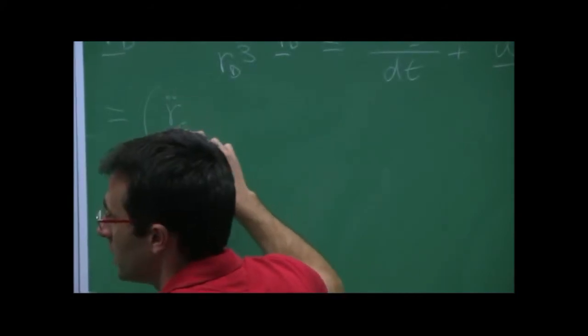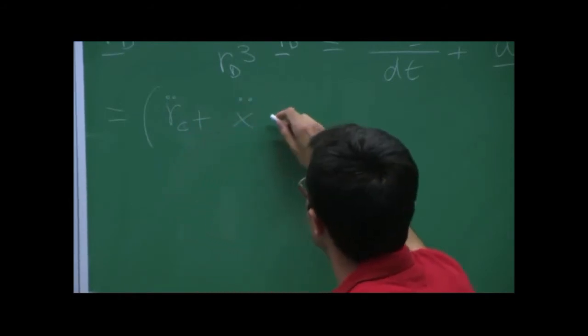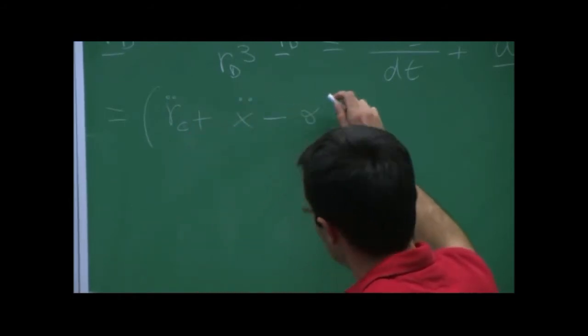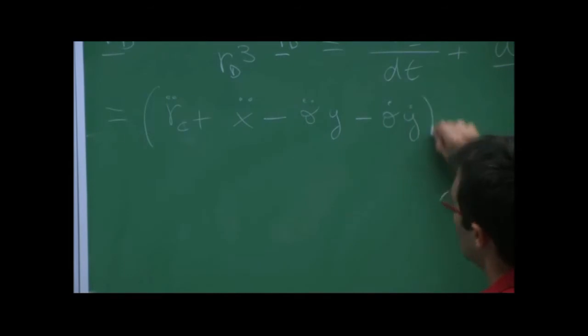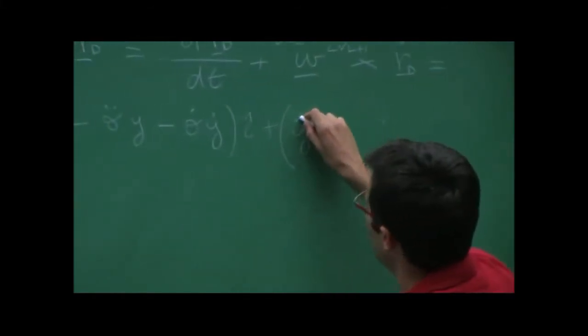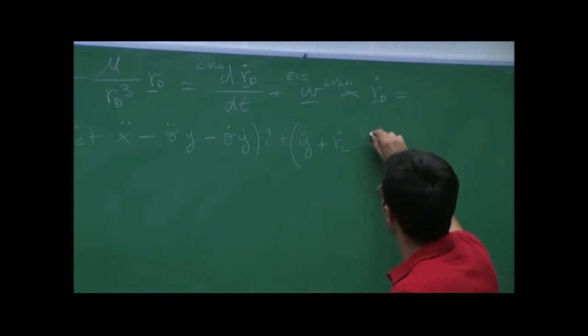Well, the first one is you take this vector and you start looking again at the scalar parts only. So you have RC double dot plus x double dot minus theta double dot y minus theta dot y dot, I, plus, same with the second component, y double dot plus RC dot theta dot.